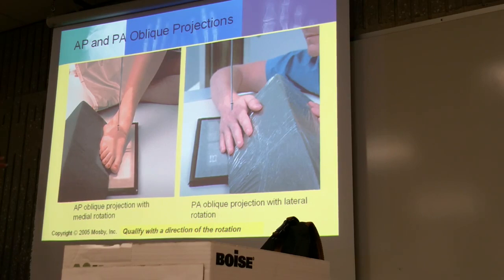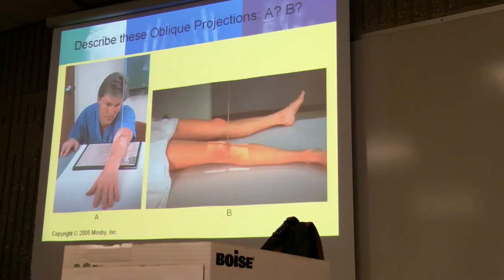So these exceptions of obliquity only apply to the hand and the foot. You have to start with the plantar or palmar surface first for the hand and the foot, but in the other parts of the extremities, it does not apply.